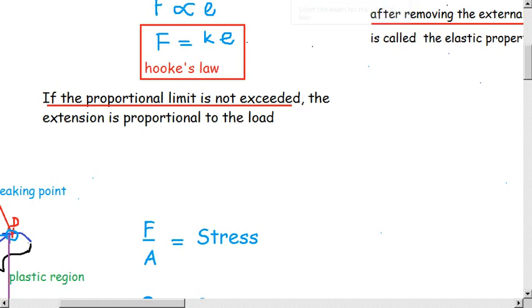We are going to find out the meaning of this proportionality constant. K equals F divided by E. We isolated K, F divided by E.